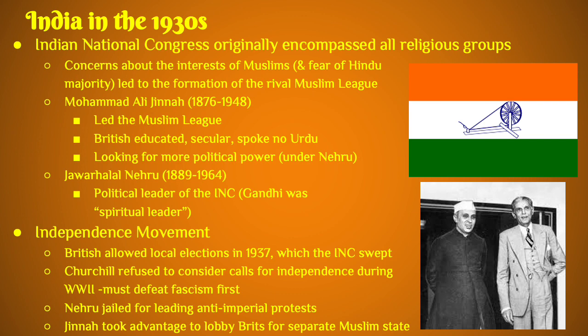And that led this individual named Muhammad Ali Jinnah to form a rival to the Indian National Congress called the Muslim League. And you can tell by its name that it was religious based. Jinnah was British educated. You can see him there in the image on the right.